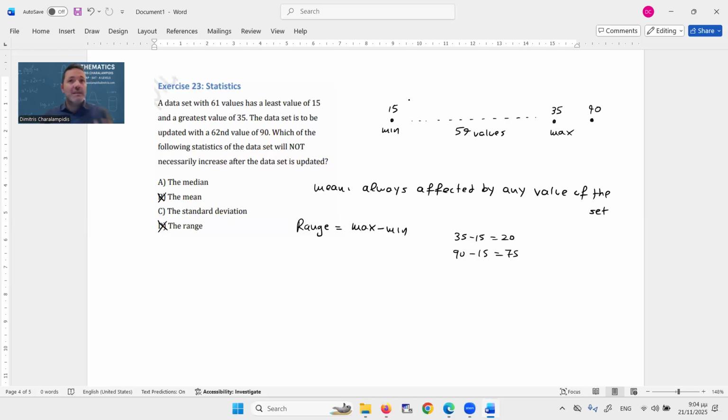Standard deviation, similar to the mean, is always affected by any value. The standard deviation, in very, very simple words, is basically a measurement that shows how spread out or concentrated close to each other my data are.